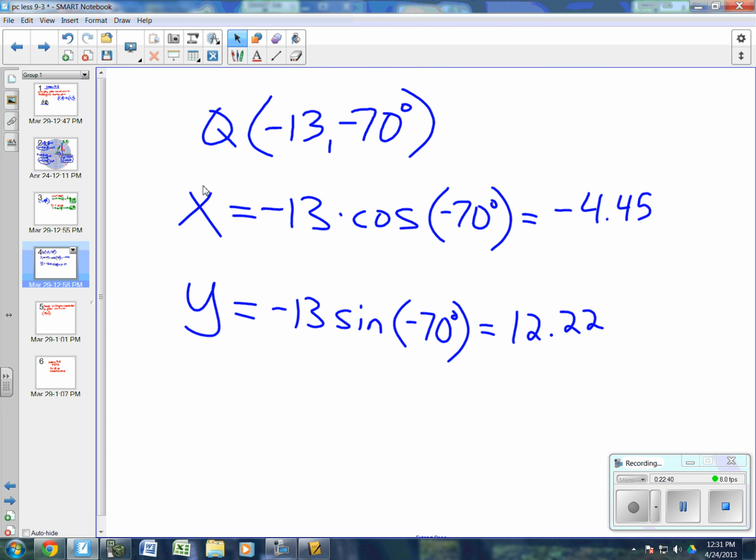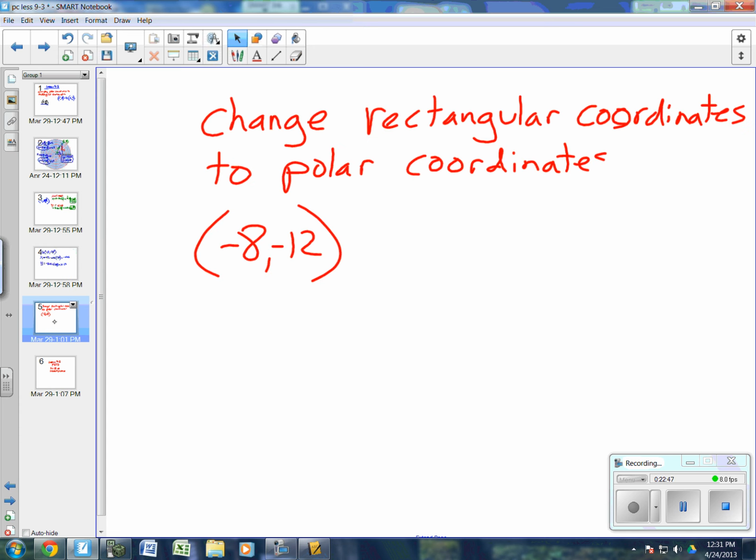You guys all know how to change polar coordinates to rectangular coordinates, right? Now we've got to do the other way around. Now we have to change rectangular coordinates to polar coordinates.